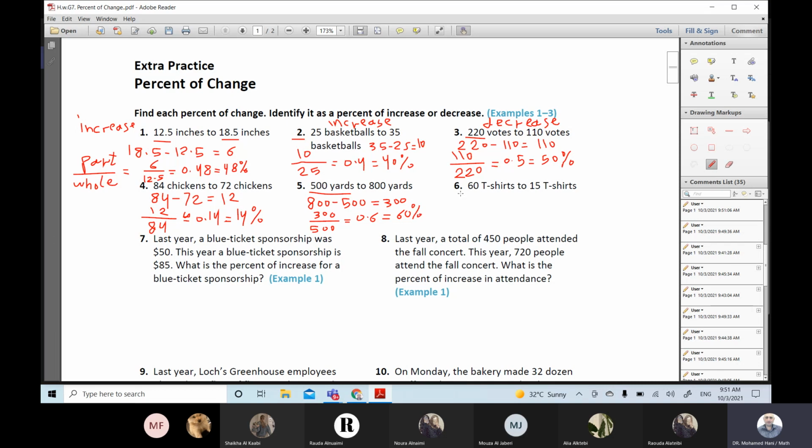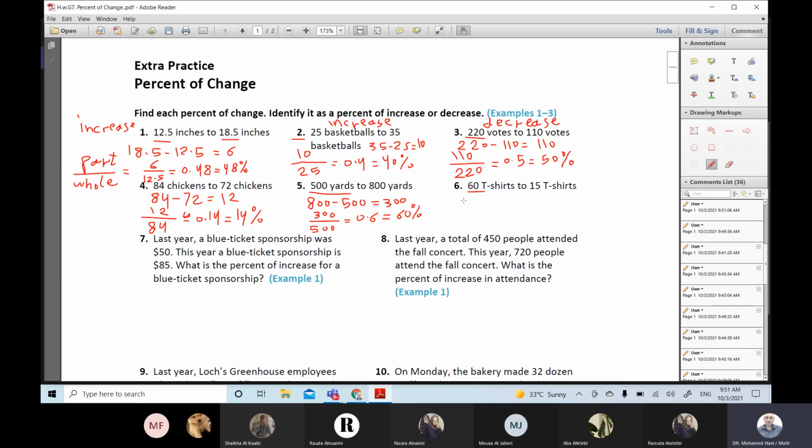Exercise number 6. We have 60 t-shirts. This is the original. To 15 t-shirts. Who can tell me here? We have increase or we have decrease? Decrease. We have decrease. Great, Sheikha.